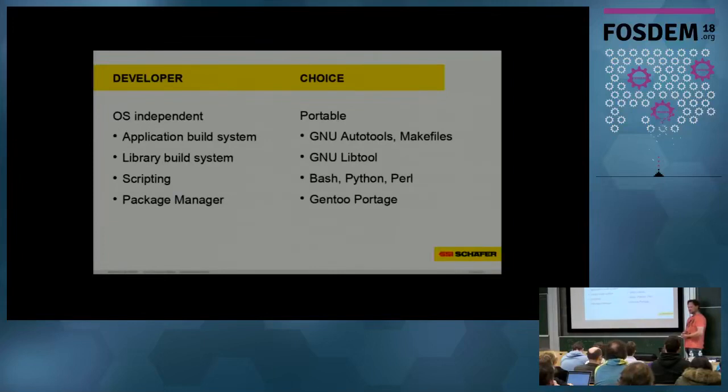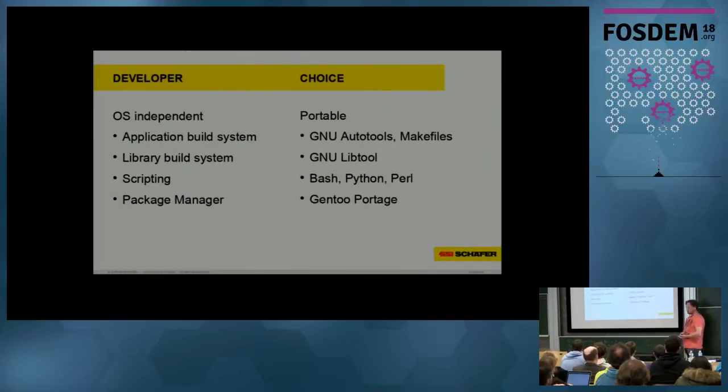I have found the GNU build environment, Autotools, Makefiles, and of course GNU libtool as the most portable software found so far. The same applies to scripting languages like Bash, Python, Perl, and similar.